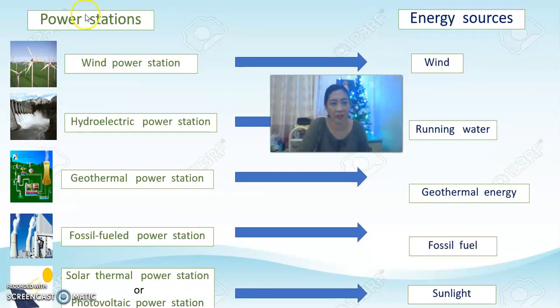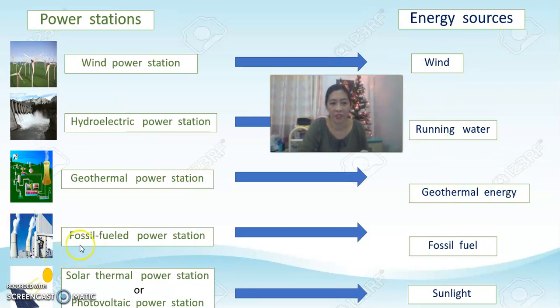So, this is the power station and this is the energy source. Wind power station: wind. Hydroelectric power station: running water. Geothermal power station: geothermal energy.